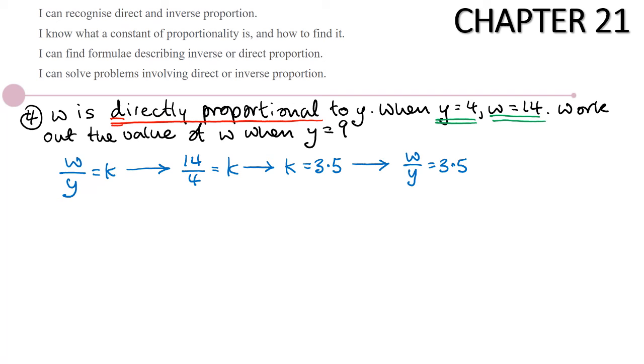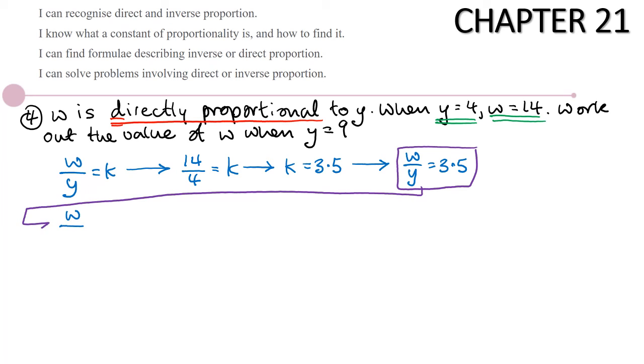Then it says work out the value of w when y is 9. So all I do is I replace it from my formula, which is here. Just take that formula and replace y with the number 9. So w divided by 9 is 3.5. That's easy to solve. w is going to be 3.5 times by 9.